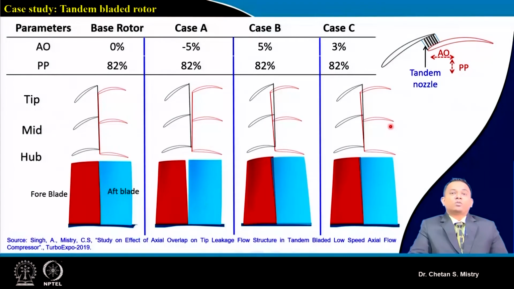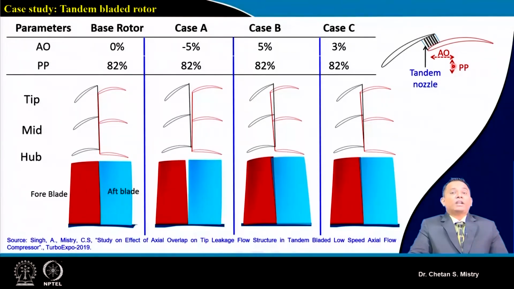There are two main configuration parameters we need to realize. One is the axial overlap, and this represents the percentage pitch. Limited work has been reported on the design of a tandem bladed rotor, because that is very challenging.